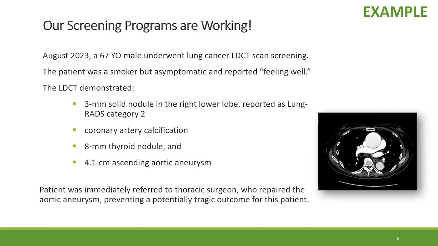The patient was a smoker, but asymptomatic and reported feeling well. The exam revealed a 3-millimeter nodule in the right lower lobe, reported as Lung-RADS category 2. Also coronary artery calcification, an 8-millimeter thyroid nodule, and unfortunately, a 4.1 centimeter ascending aortic aneurysm.